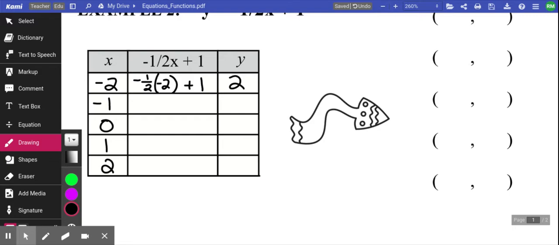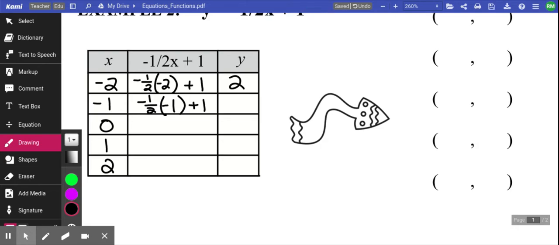So next one we got to do -1/2. Now we're plugging in the -1. Okay. So now into your calculator, you would do -0.5 times -1. This should give you a +1/2, or maybe it will say 0.5. But remember, then we have to add 1.